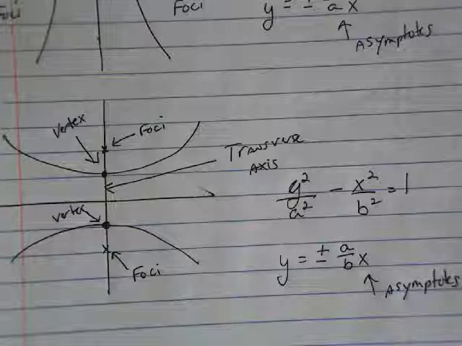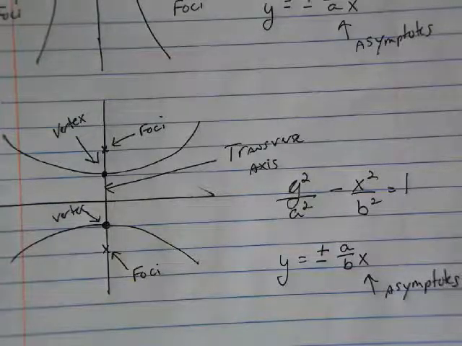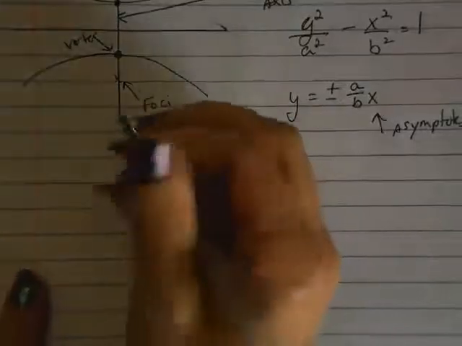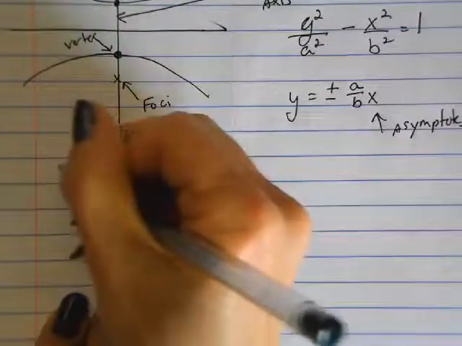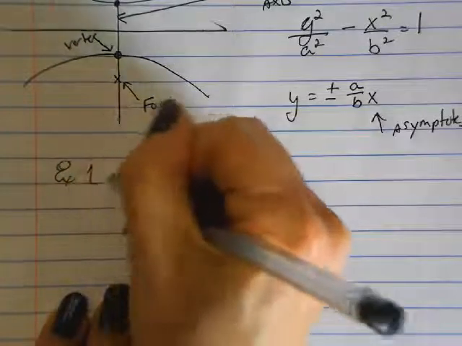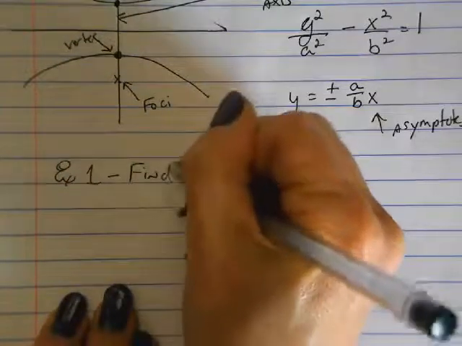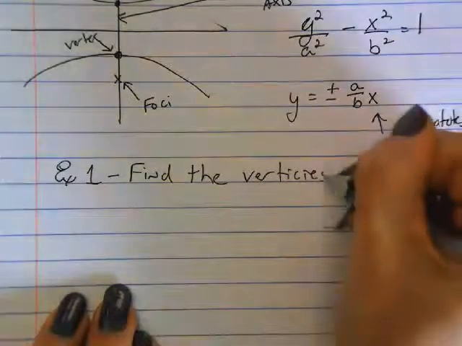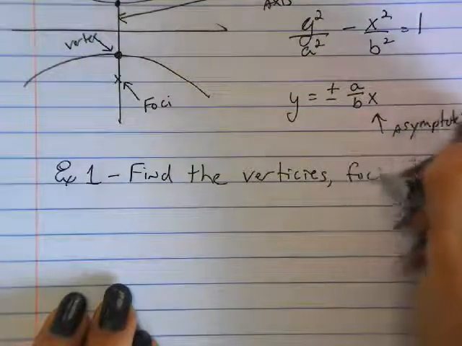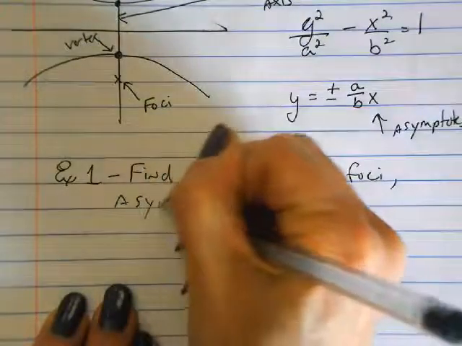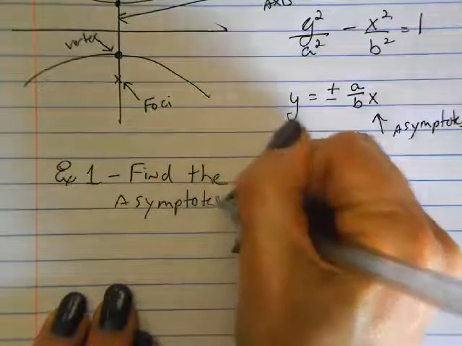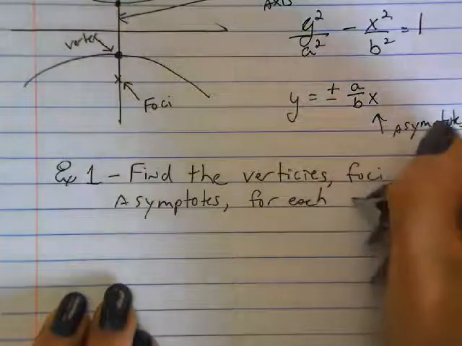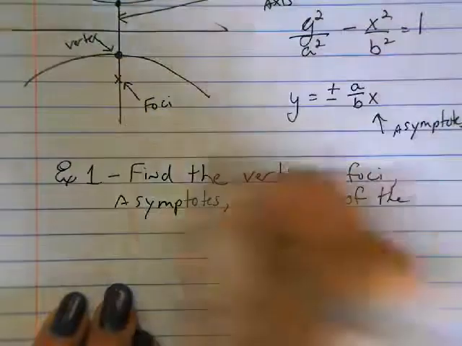So, let's go ahead and get into a couple of these. Example 1. Find the vertices, foci, asymptotes for each of the following.